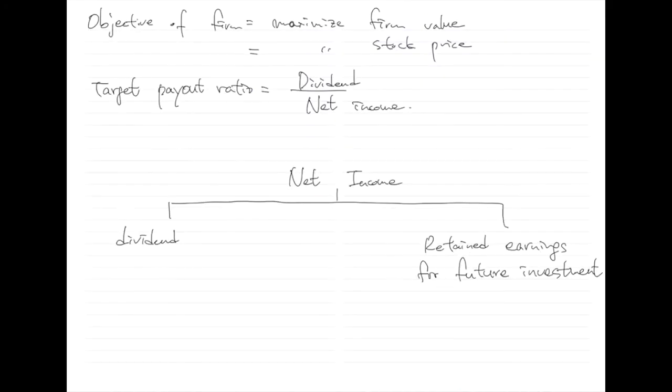We can write down the equation as this. P0, the current stock price, is D1 over rs minus g, and we can rewrite the total return as being calculated by dividend yield on the current stock price and expected growth, right? So when the firm distributes dividends, they can expect the dividend yield, right? This part.